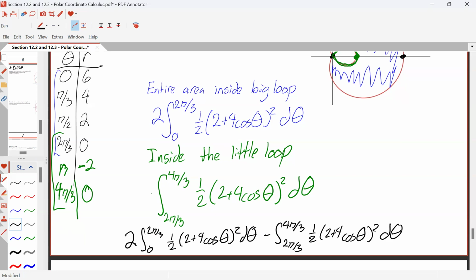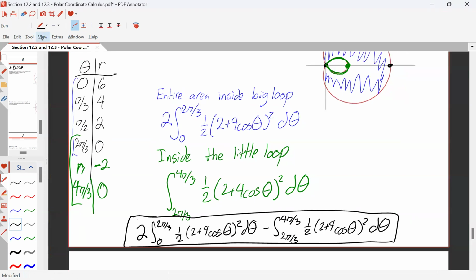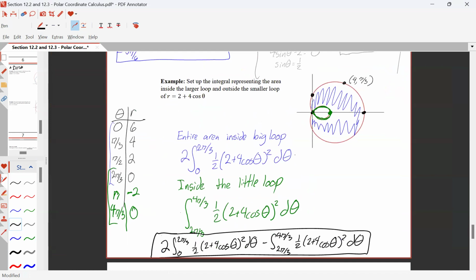Since these don't have the same bounds, we can't combine them into one integral. So we are left with these two separate integrals as our expression needed to find the area that is inside the large loop and outside the small loop.